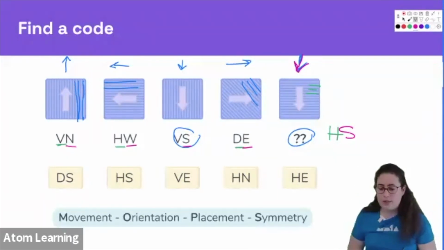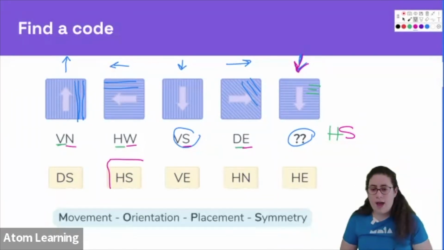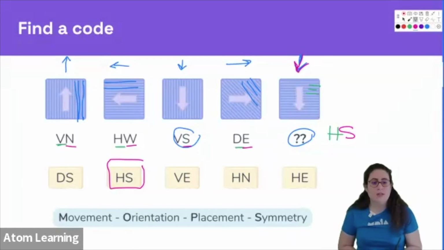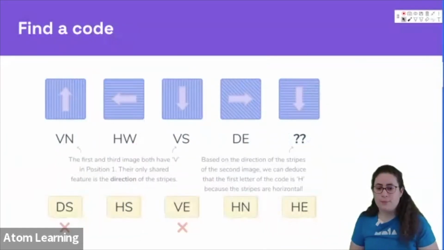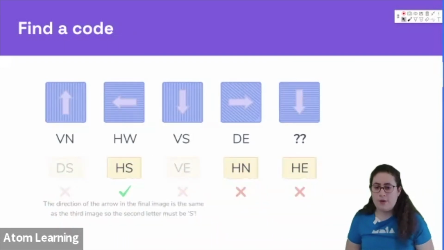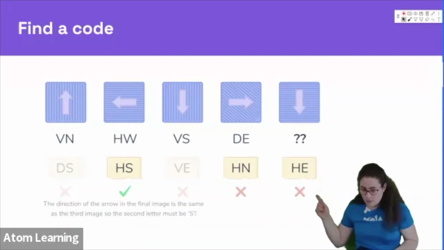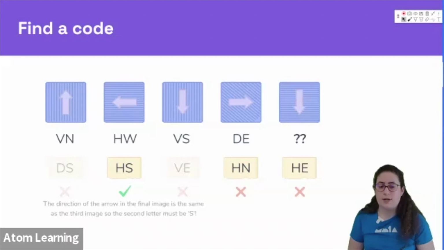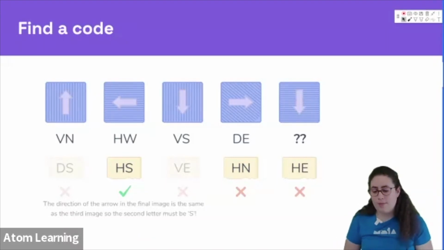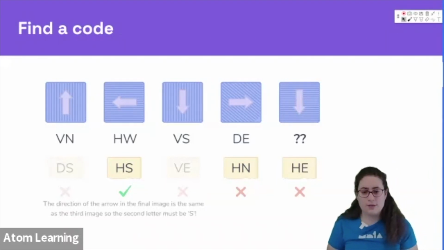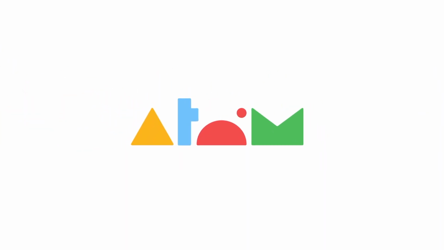So our code is going to be HS, as you all figured out. Absolutely amazing work. Really good job. Okay. Here is the breakdown and the answer. We figured it out just like that check mark is telling us. HS was the correct answer.